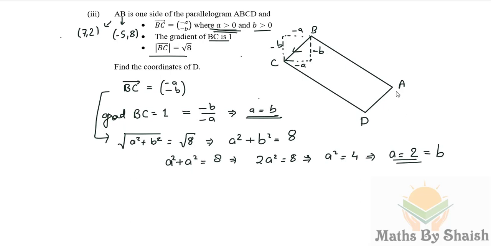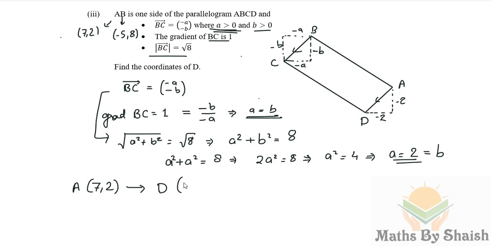In the same way, because it's a parallelogram, the gradient would be the same. It means we have to come down by 2 units, minus 2 here, and go back by minus 2 here. So since the A coordinate is given as 7, 2, from here we can get the D coordinates.